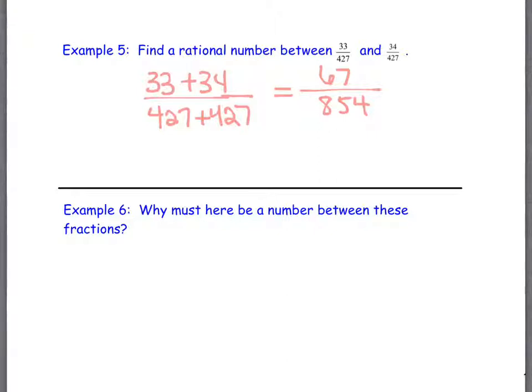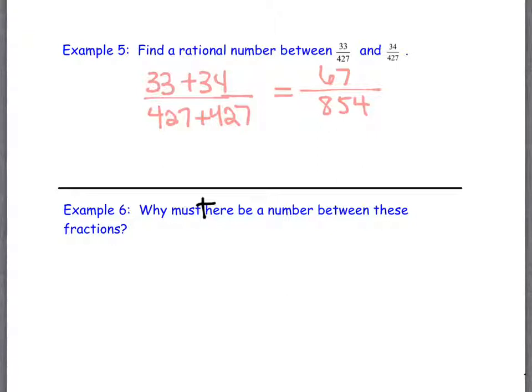Why does this work? Why must there be a number between these fractions? Can you guys write something down for me? What do you think?